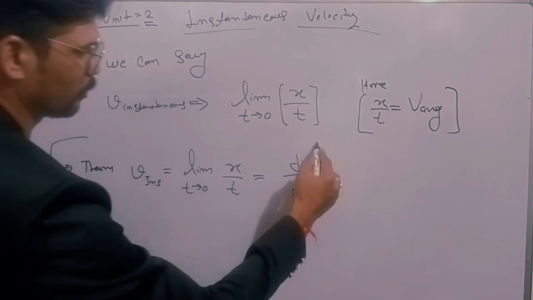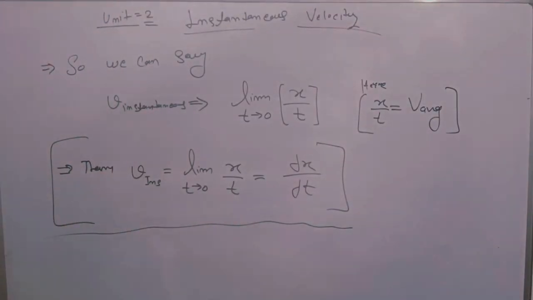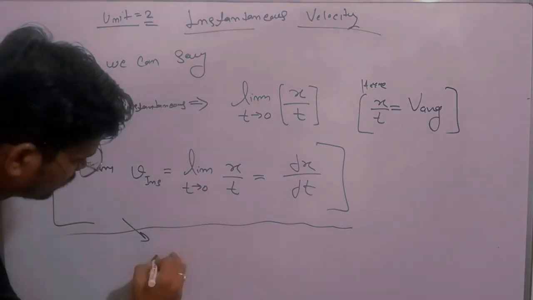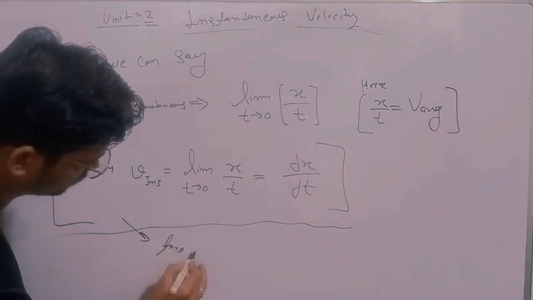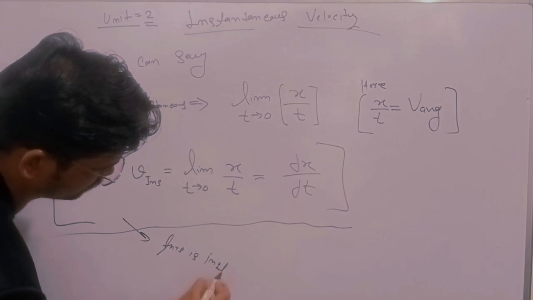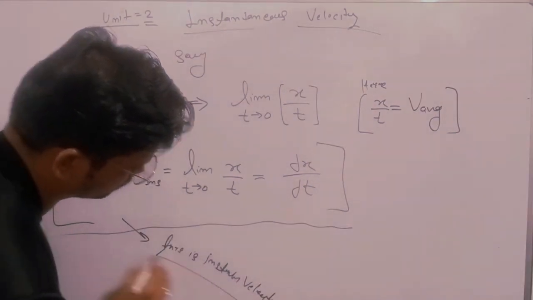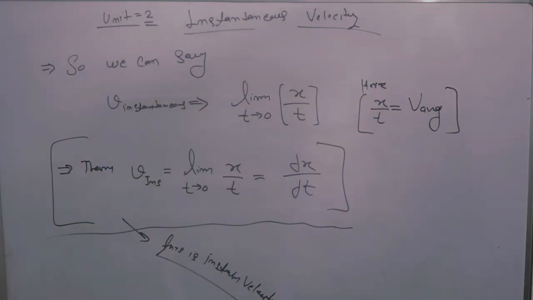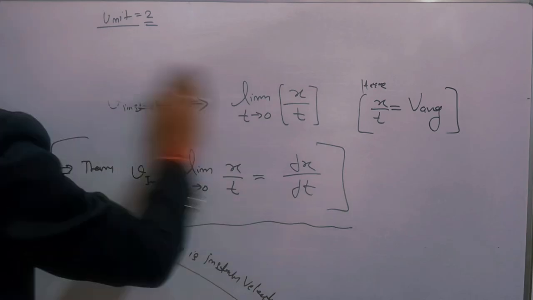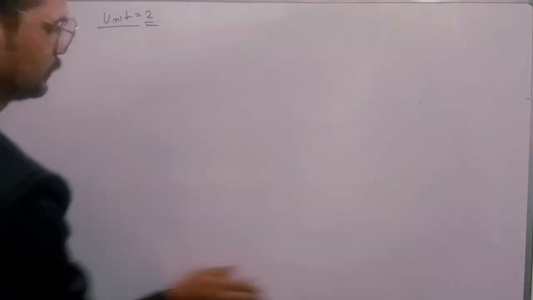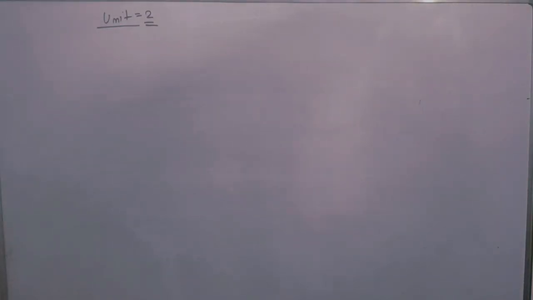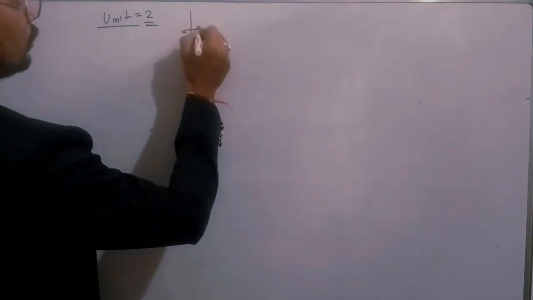So this is the instantaneous velocity. dx by dt is used for the calculation of numericals.